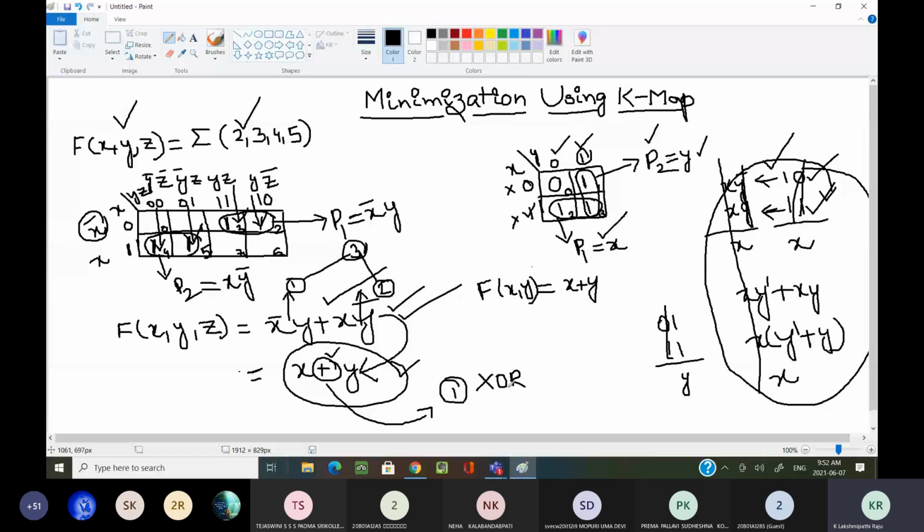What is our main motive in this second unit? We have to minimize the number of gates as much as possible. Why? Because we have to reduce the complexity. If we reduce the number of gates, there are many advantages. Functionality wise, both are the same.